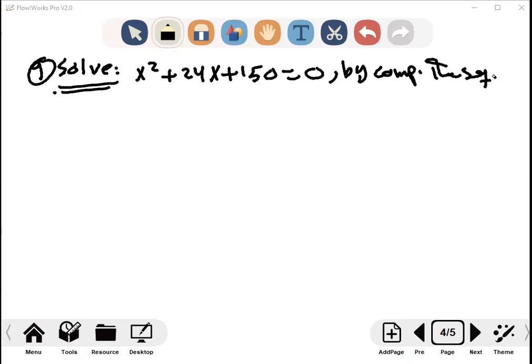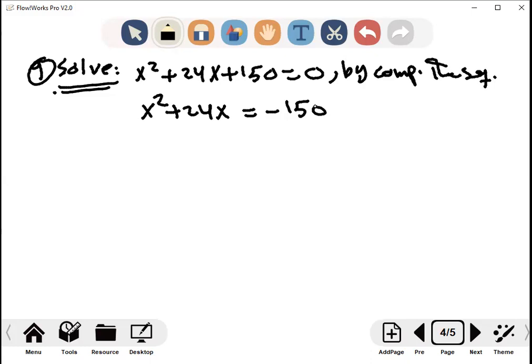Yeah, here we have x power 2 plus 24x, and this 150 shifted there, right? Remember, now the half of b, what's b? 24. The half of b, 24 power 2. Focus, the half of b, 24, the half of it, 12 power 2.